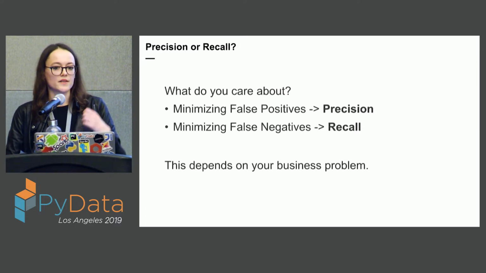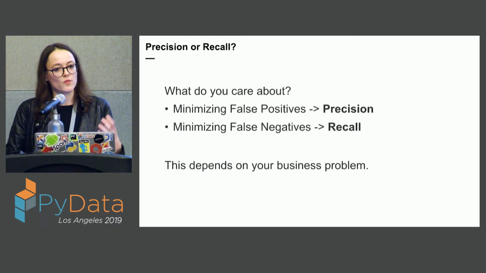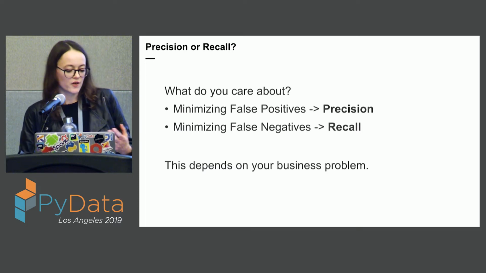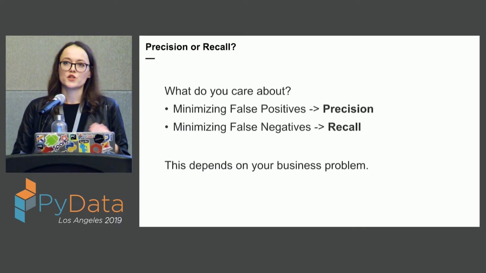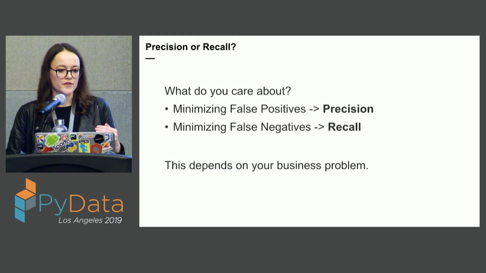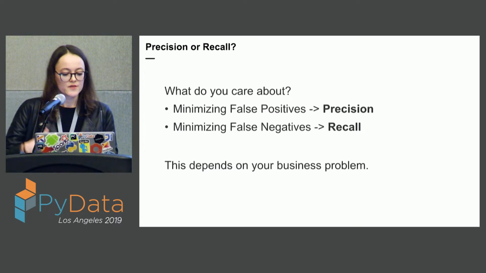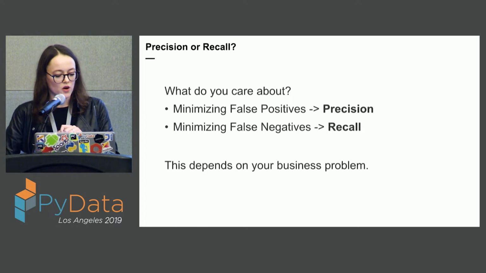What are the important types of errors that you maybe want to put more focus on? So if you care about minimizing false positives, you may want to monitor the precision of the models. And if you care about minimizing false negatives, then you need recall. So a lot depends on the data and on your business problem.